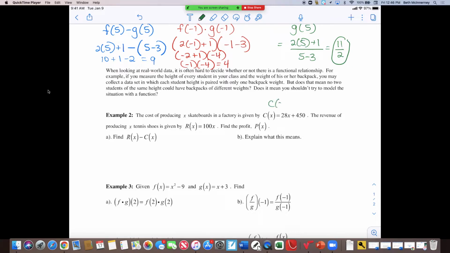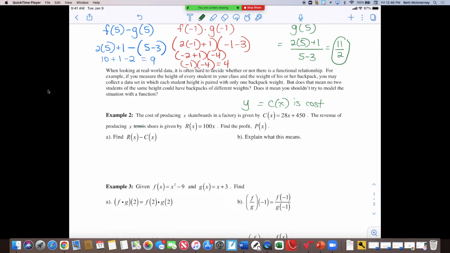So C of X is the cost. That's not C times X. It's function notation. C of X is another way to describe the Y value. The revenue of producing X tennis shoes, oh, whoops, wait a minute. This is supposed to be the same thing.